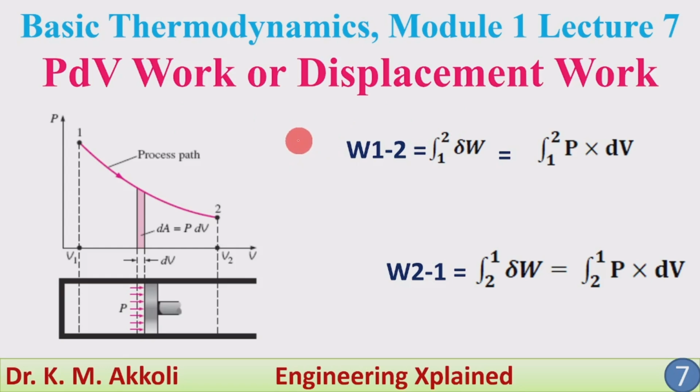I also discussed thermodynamic processes where the pressure and volume change, and due to that, the work done we have to calculate. How that PdV work is calculated, we will take for one of the processes, and later that equation can be used for the different thermodynamic processes.